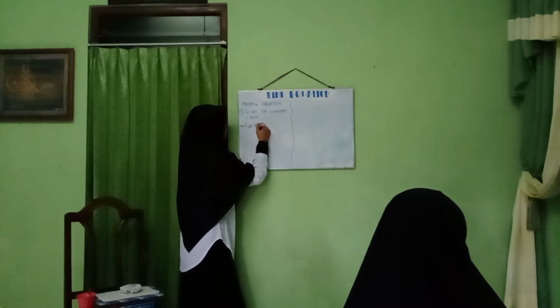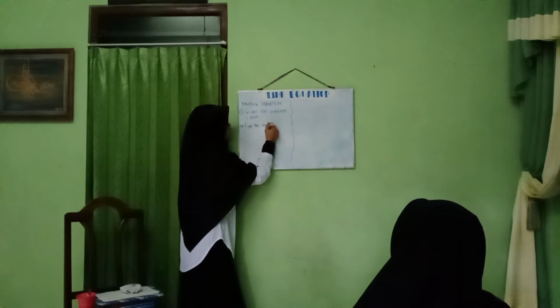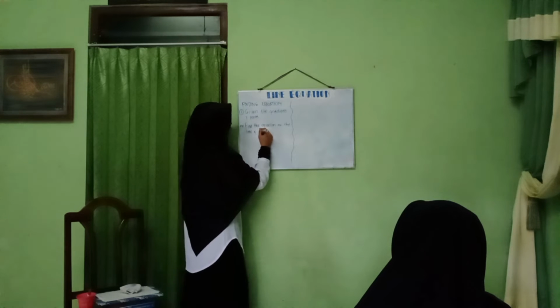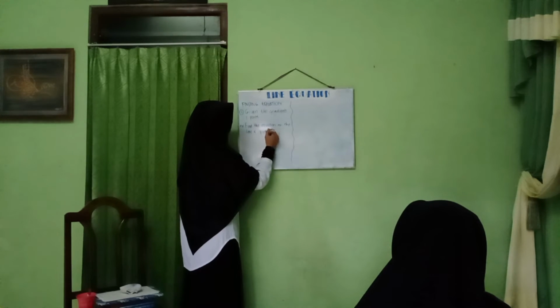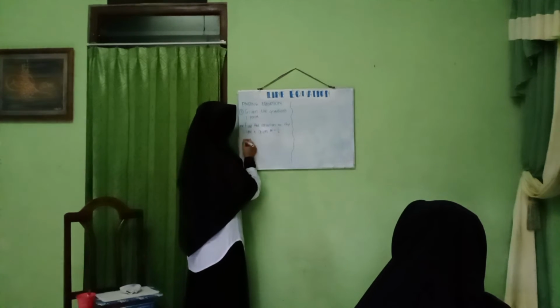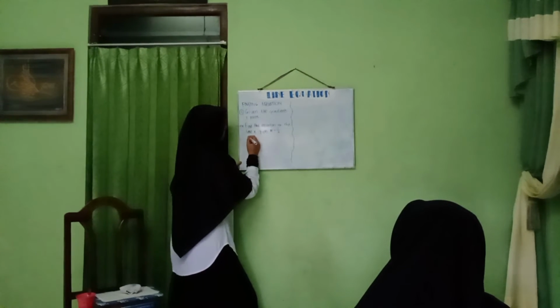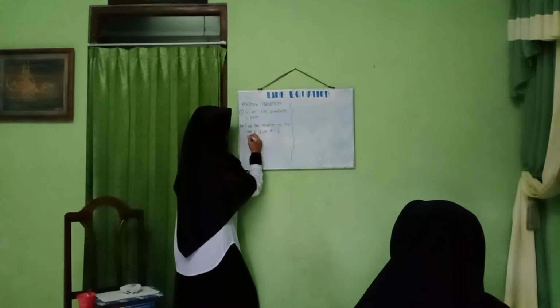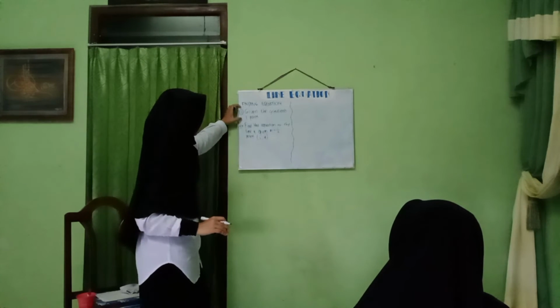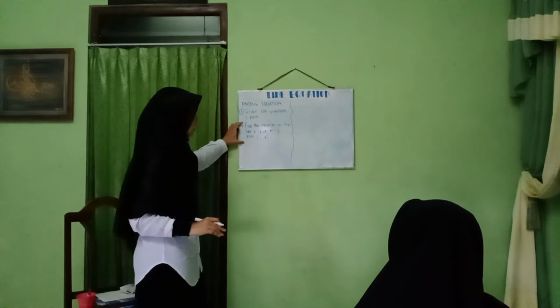Find the equation of the line if the given gradient is 1/2 and the point is (2,4). This is used for a question like this.